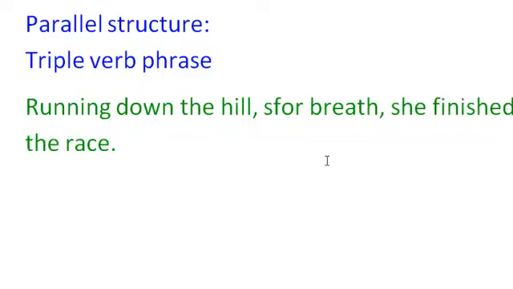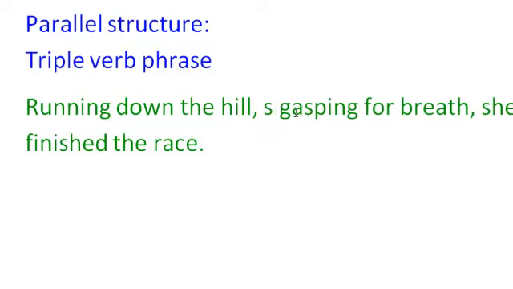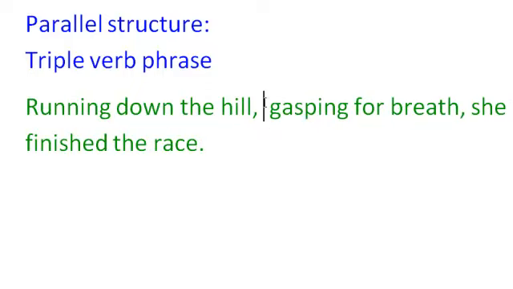If we did it this way, running down the hill, she gasped for breath, she finished the race, it wouldn't be nearly as good of a sentence. This would be correct. Running down the hill, gasping for breath, she finished the race.